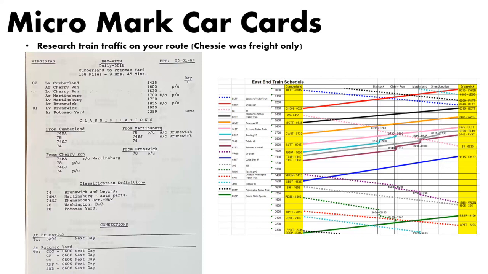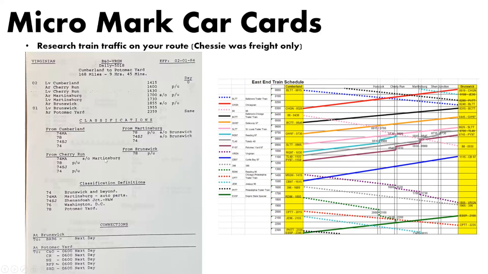And then as it stops at each one of its subsequent stops, it tells you what it's doing. At Cherry Run, it sets out the Martinsburg cars. You see the little SO there, right there, SO Martinsburg. It also picks up any cars going to Potomac Yard that happen to be there. It keeps the ones for Shenandoah Junction, and then it picks up any cars for Brunswick and beyond.